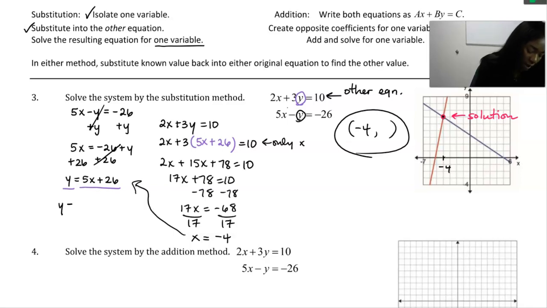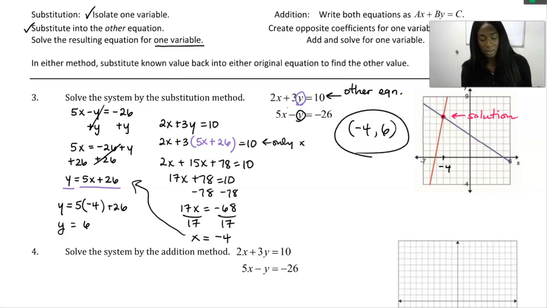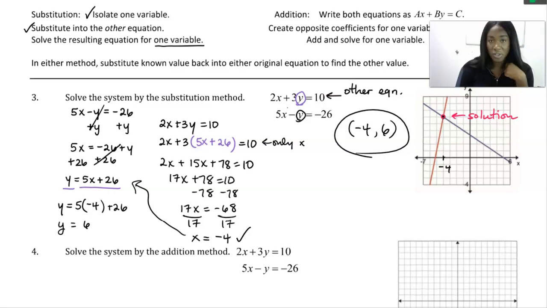So y is equal to 5 times, instead of x, now I know x is -4, plus 26. That's -20 plus 26, which is +6. So now I know that the point that satisfies this system of linear equations is (-4, 6). Once you have solved for one variable, like once you had that x is -4, it would not have mattered which equation you substituted that back into in order to get y.